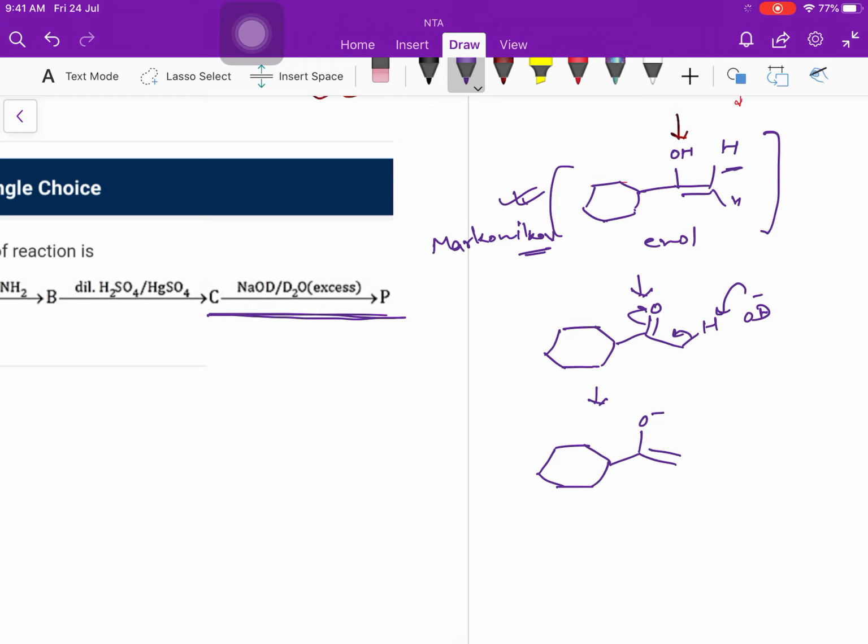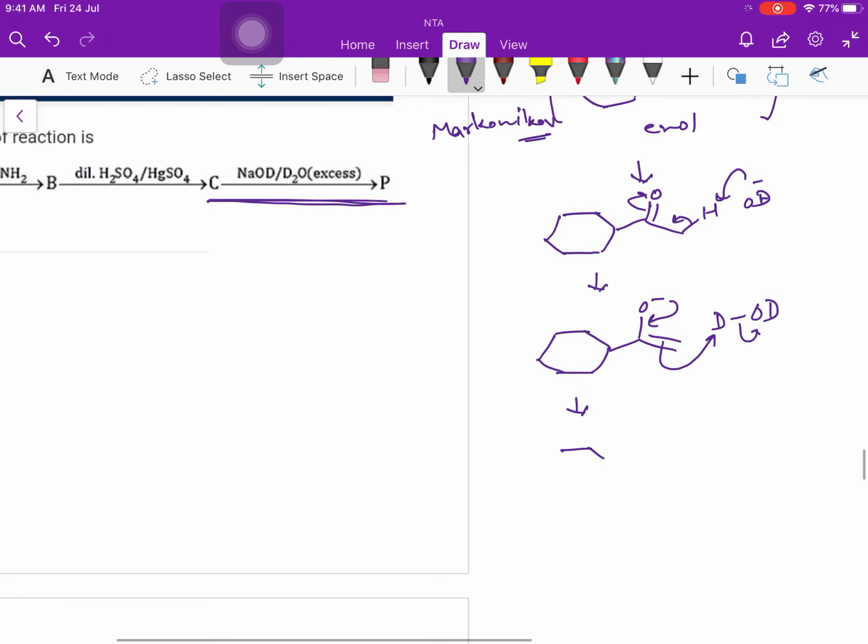When O minus comes back, H2O is not present here, the substance present is D2O, so it will gain a deuterium. So the enolate gets converted to C double bond O, and one D is attached.